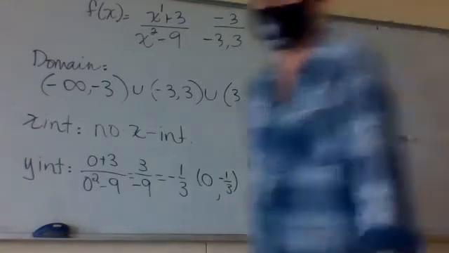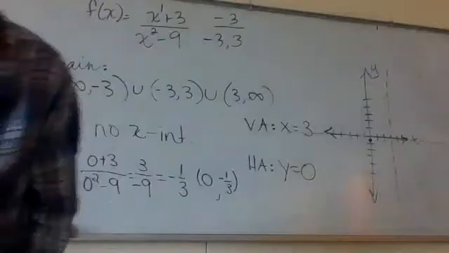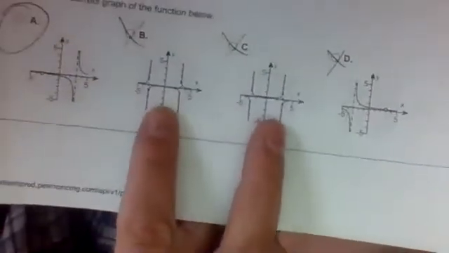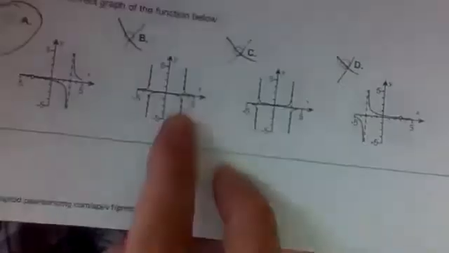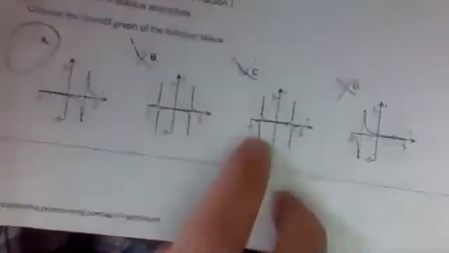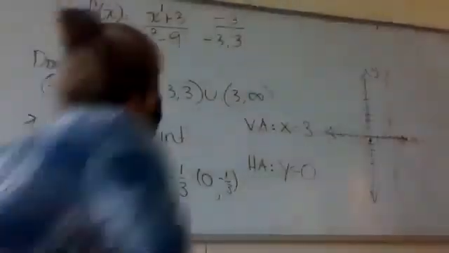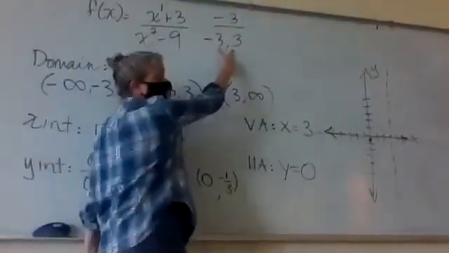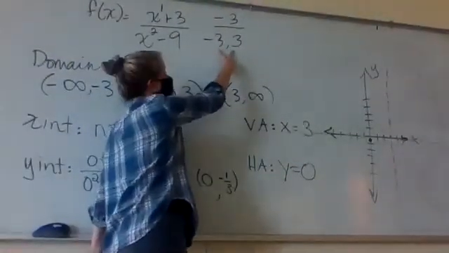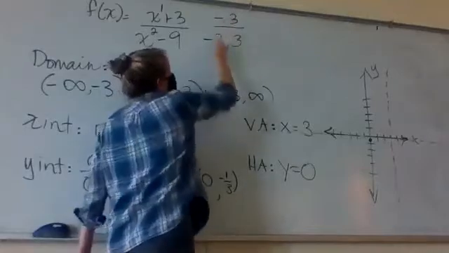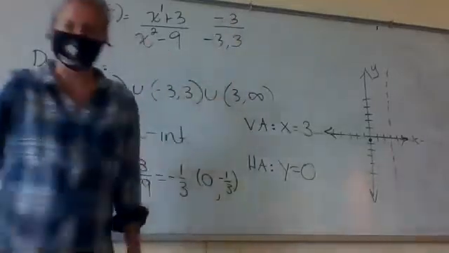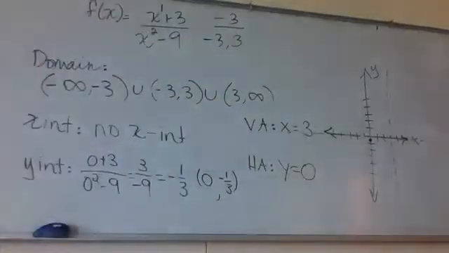Two of those options, B and C, both have vertical asymptotes at positive 3 and negative 3. So they are thinking that you thought there were vertical asymptotes at both of these places, but we knew there wasn't one at negative 3 since that was also a 0 in the numerator.